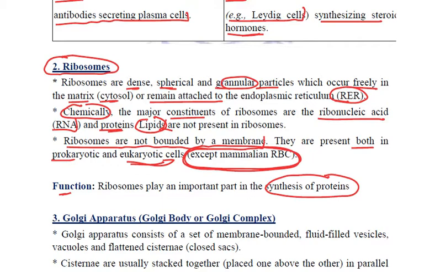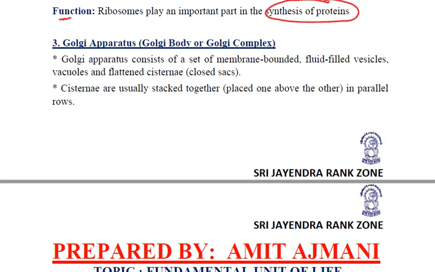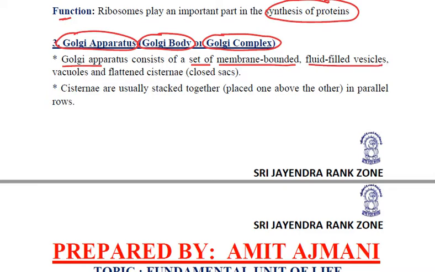Clear? Talking about the third cell organelle, that is the Golgi apparatus, or the Golgi bodies, or the Golgi complex, whatever name we can call them with. Now this Golgi apparatus consists of a set of membrane-bounded, fluid-filled vesicles, vacuoles, and flattened cisternae.